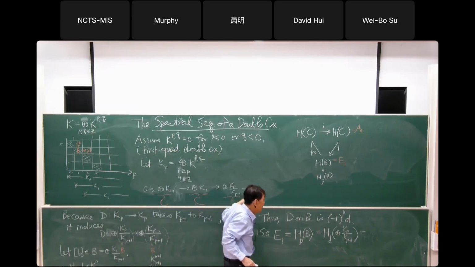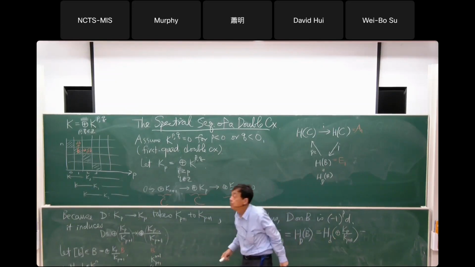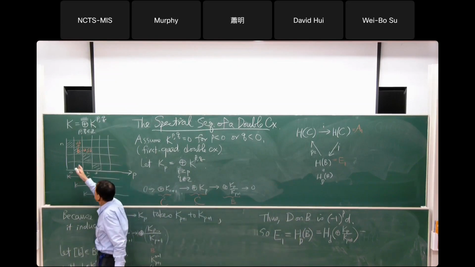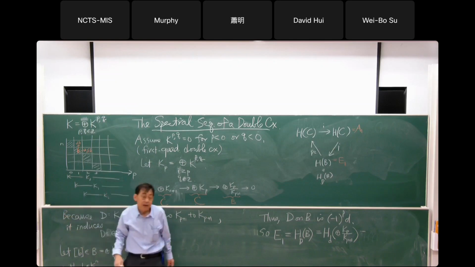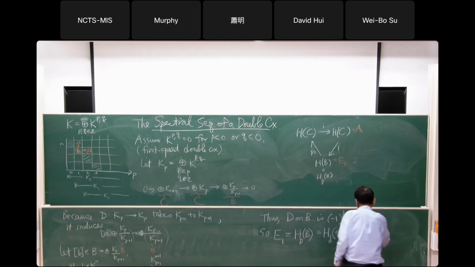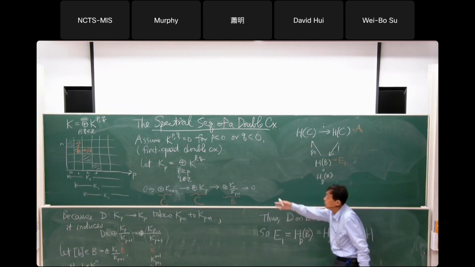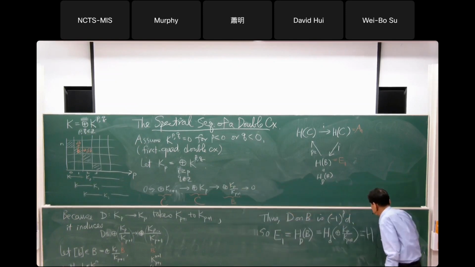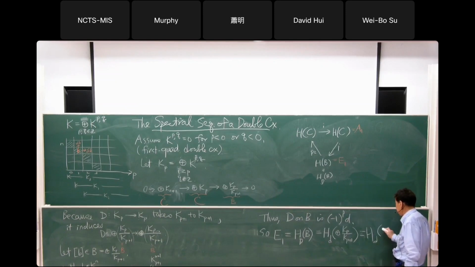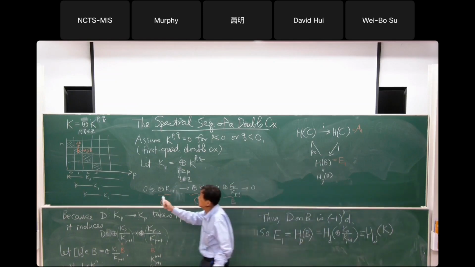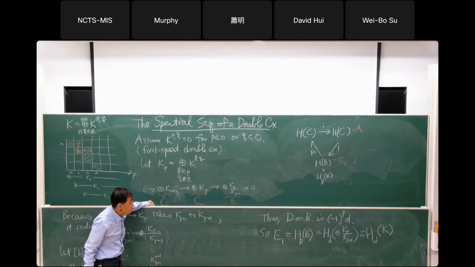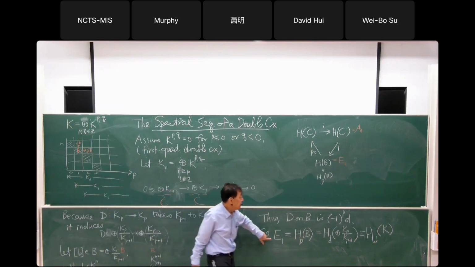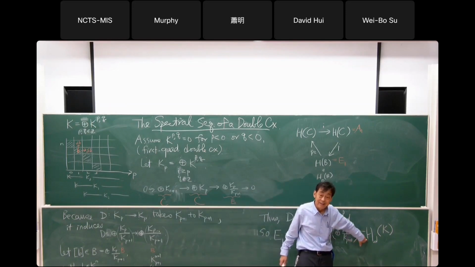When you take the direct sum over all p, you just get all the columns, and so that is really just K. You get all the boxes in K because you get all the columns. So this is H little d of K. This d goes up. So that is what E1 is: E1 is H little d of K.